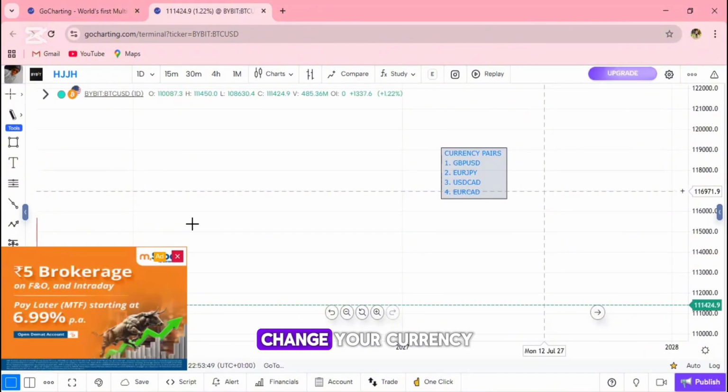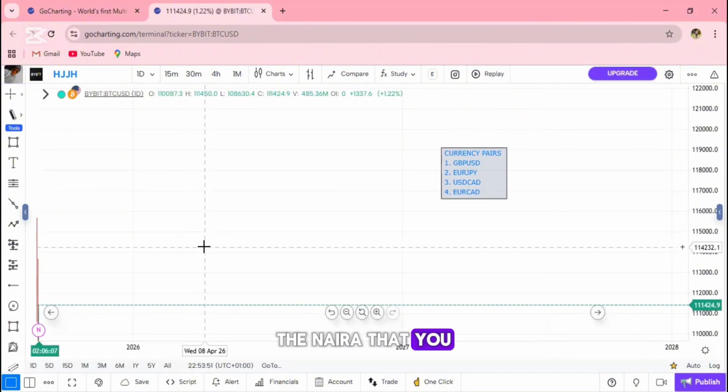So you have to change the naira that you have to their own currency. In the course of exchanging the currency, this is where you make your profit. In the process of exchanging naira to dollar or dollar to naira, this is where your profit comes from. That's just an example of how currency pairs work.